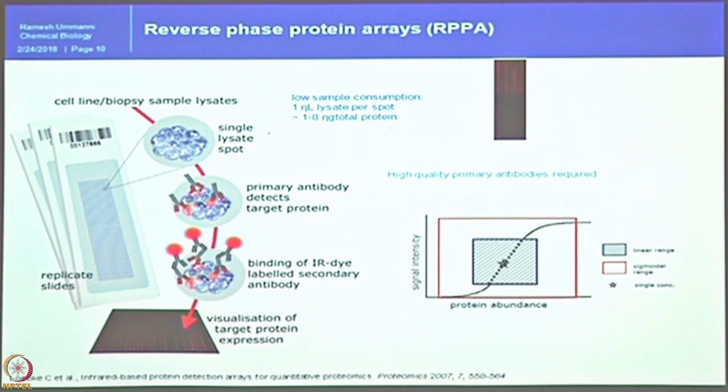So in our approach, in our lab previously, we used infrared labeled secondary antibodies to visualize the primary antibody signals. Why? IR signals always have a high dynamic range compared to the chemiluminescence method or any alkaline phosphatase method like a chromogenic substrate.